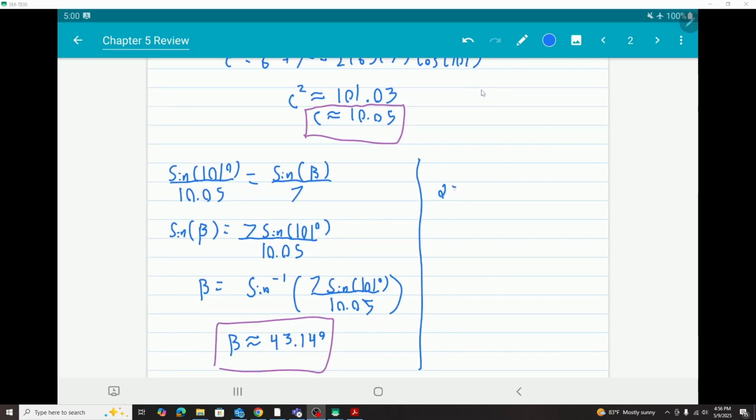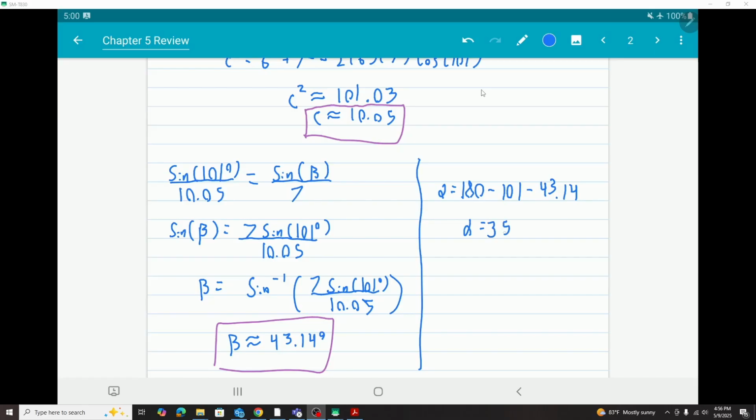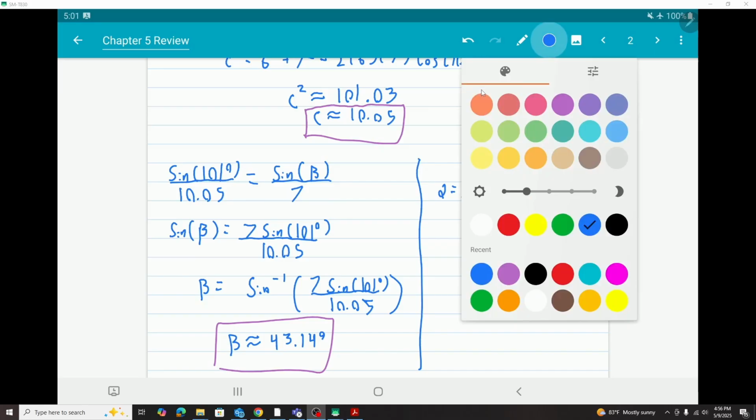Well, alpha is 180, and then subtract off the other 2 angles, minus 43.14. This one in theory I could do, but I have a calculator right in front of me, so I might as well use it. And I get alpha is about 35.86 degrees.